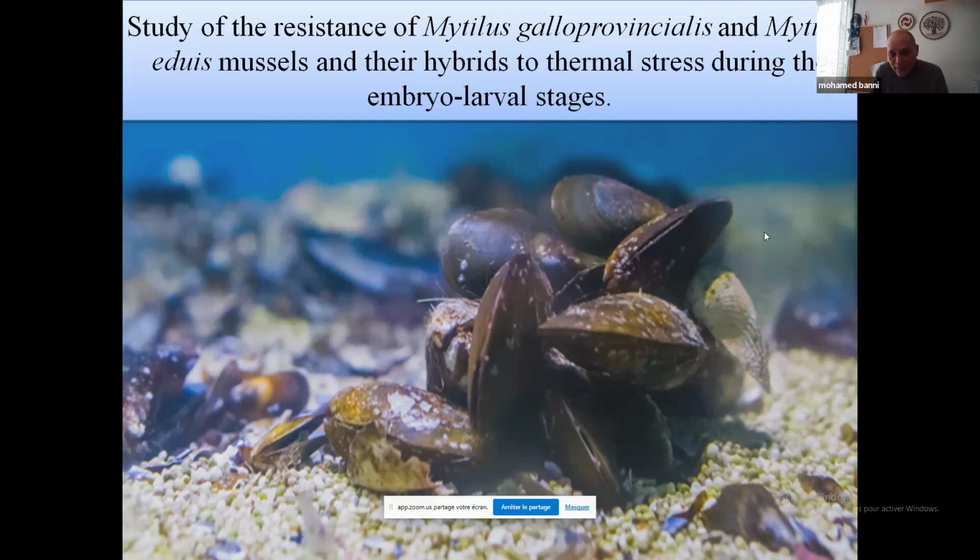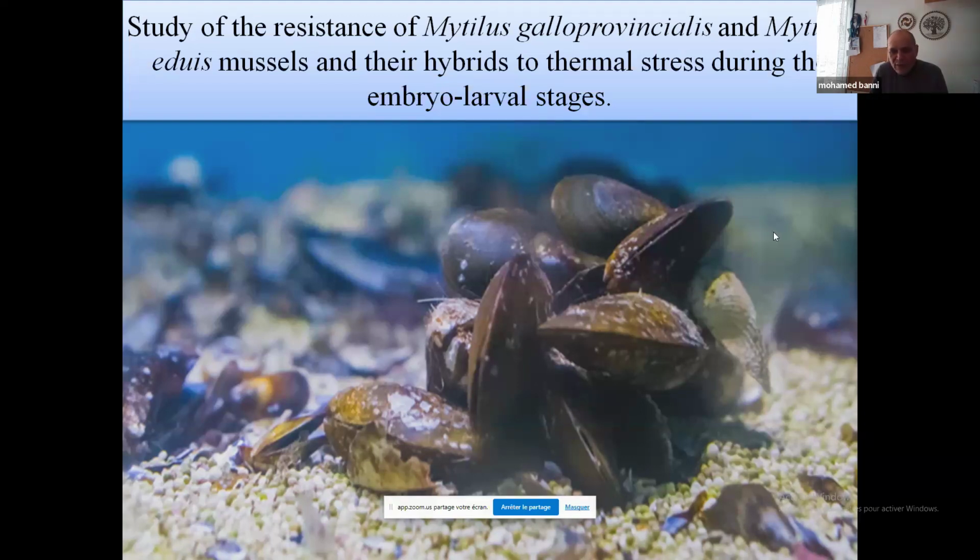In the wild, you will have Mytilus galloprovincialis, which is more of a Mediterranean species, and Mytilus edulis, which is more of an Atlantic species. Unfortunately, with climate change, Mytilus galloprovincialis started moving toward the north, and we have the so-called confluence sites. One of the main confluence sites is the Gulf of Gascogne in North France, where the two species now coexist.